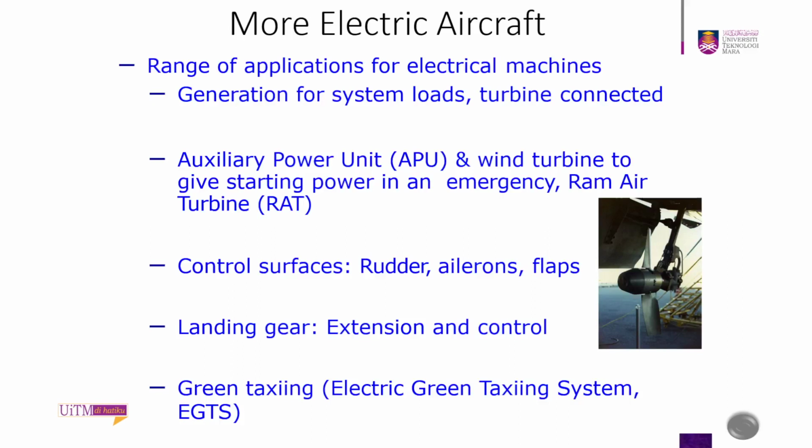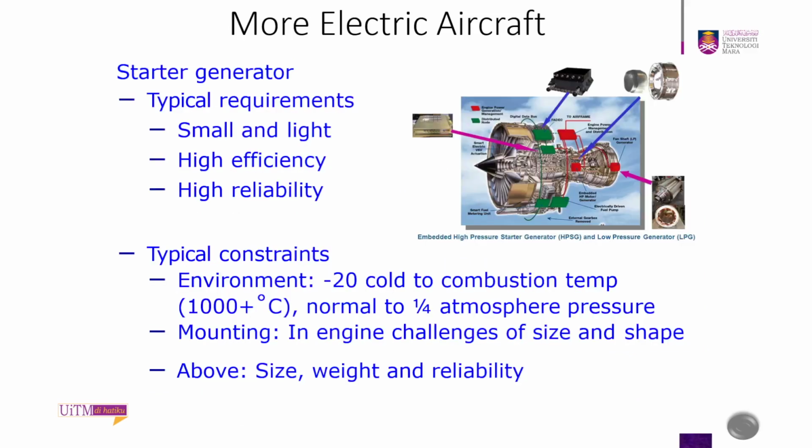We can also introduce these own electric machines that control the wheels of the aircraft, and these wheels will drive and transport the aircraft for taxiing purposes. Taxiing is when you pull, or you make sure that your aircraft parks at the correct positions. Okay, so this is green taxiing.